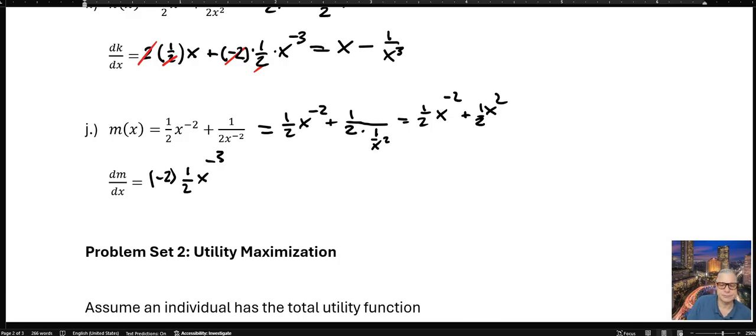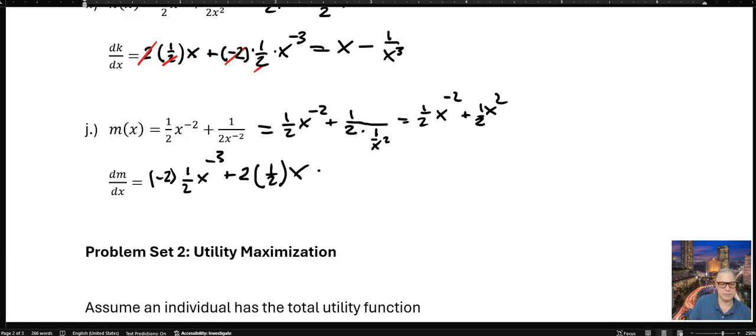Okay, so plus, then the 2 goes in front, 2 times 1/2 times x to the 2 minus 1, which is just 1.